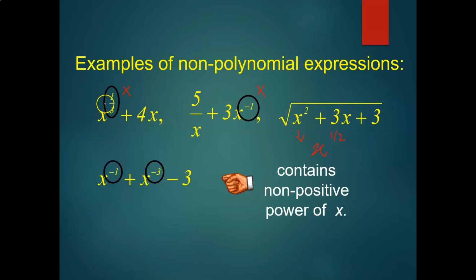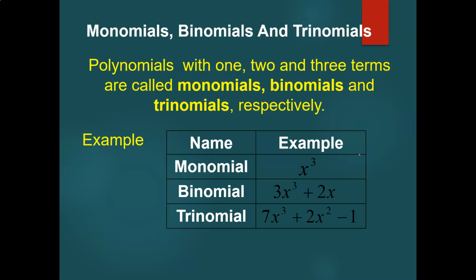Roughly like this. The power is a fraction. So this one cannot be a polynomial. Same goes for this expression because we have negative and also negative. So these are the examples of non-polynomial.